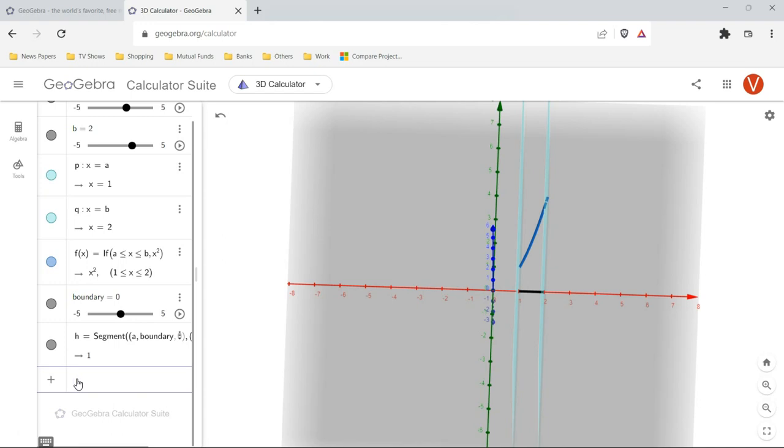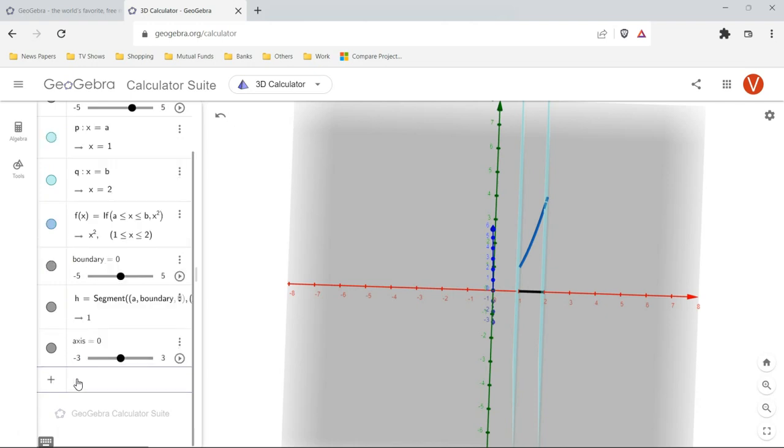Ultimately we have to rotate it around an axis of rotation. So let's again have a variable axis of rotation. So axis is equal to slider, let's say -3 to 3 in steps of 1. And let's actually define the axis of rotation is equal to this would be again a segment with 2 points, and what those points would be is a comma axis comma 0 and b comma axis comma 0.